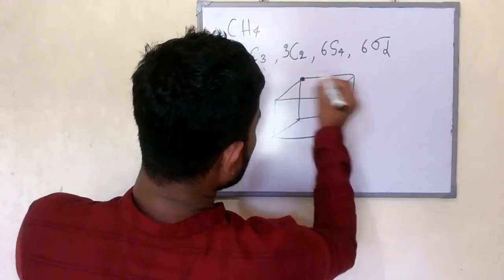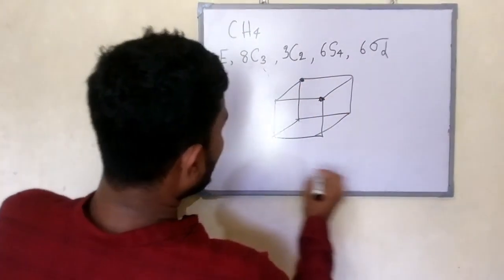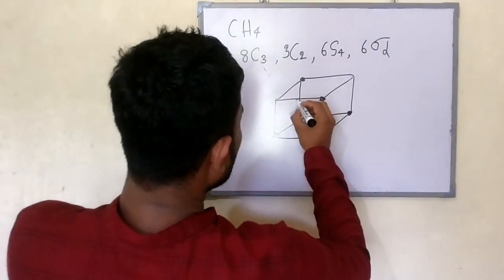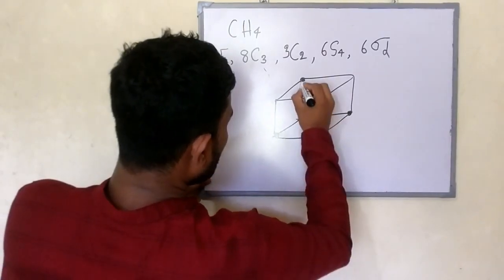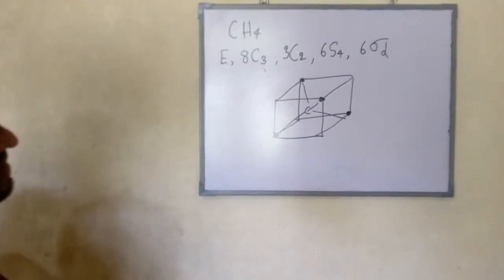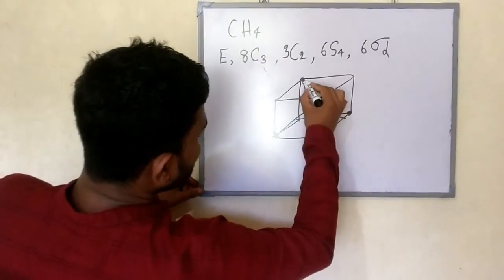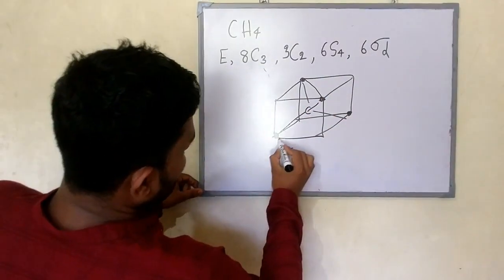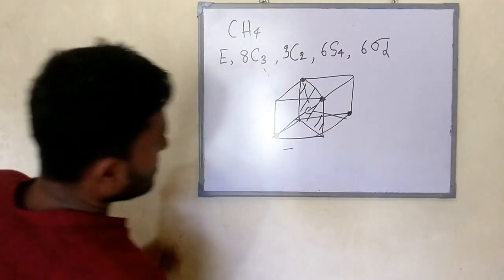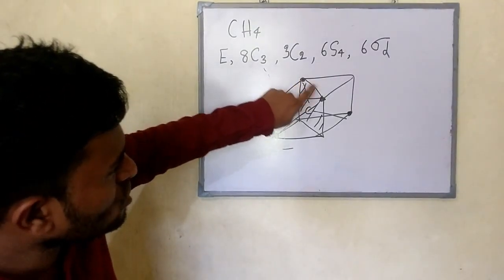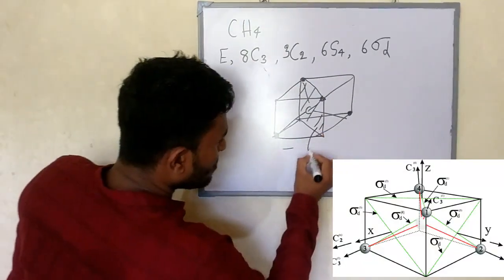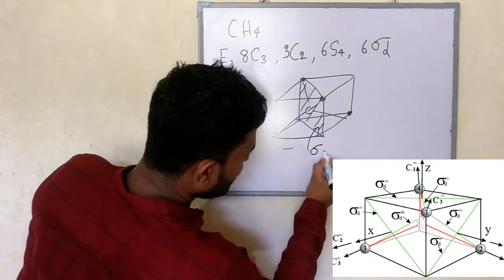And this is one atom, this is another atom. These are the 4 atoms. And if you think about a plane like this that cuts these 2 atoms in the middle, this will be your sigma d.